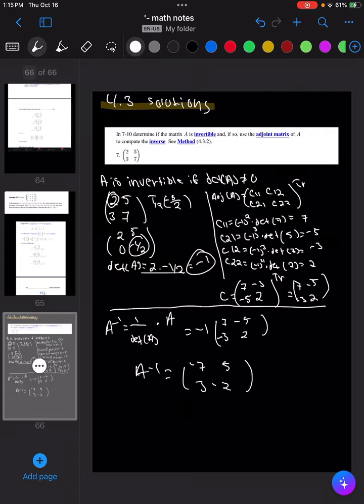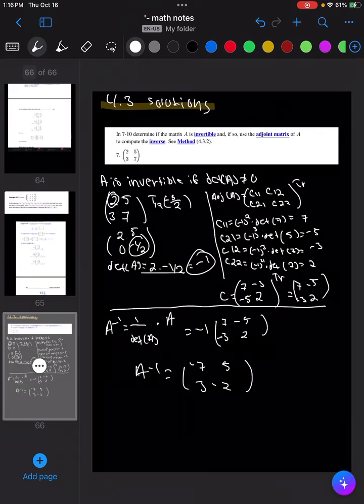So it is invertible. And so from there, I just find the adjoint matrix. So the adjoint matrix is essentially that each entry is going to be the cofactor when you remove the corresponding row and column.